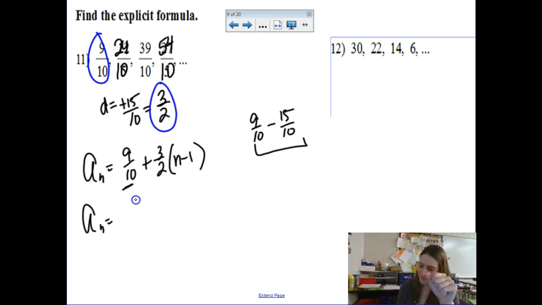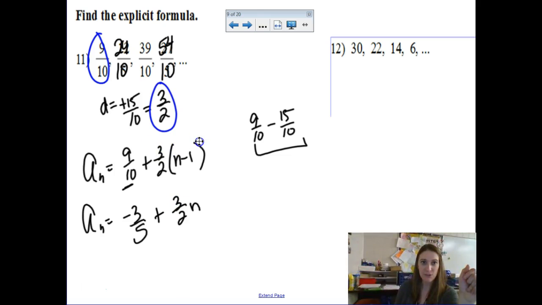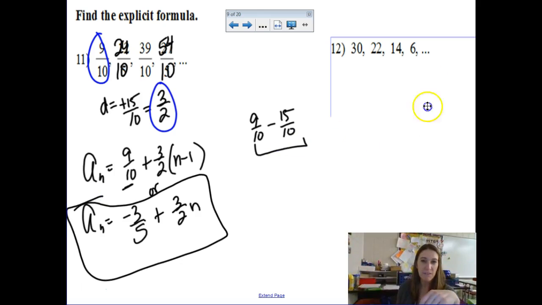Did I do that right? Yeah. That's where I need my kids with me to help me fact check. Alright, negative 3 fifths plus 3 halves n. So that's what happens if you distribute and then collect your non-n terms. So technically both of these are okay for explicit formula, but this is the one that the computer answer key is going to be giving you. So keep that in mind.